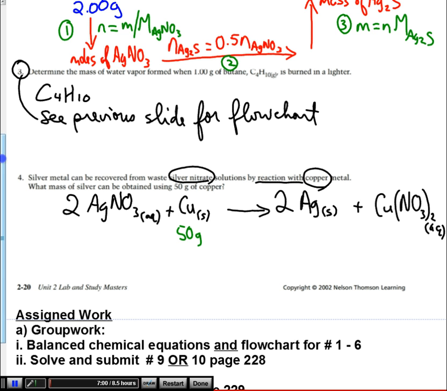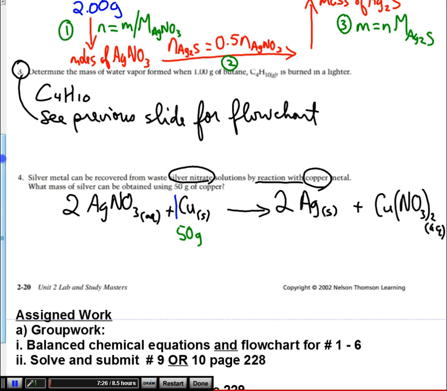You would know if you have completely reacted all of your copper metal and you have no metal left, you would add more. But we can at least determine how much silver can be extracted using that 50 gram amount, knowing that silver as an element and copper as an element are related as a 1 to 2 mole ratio.